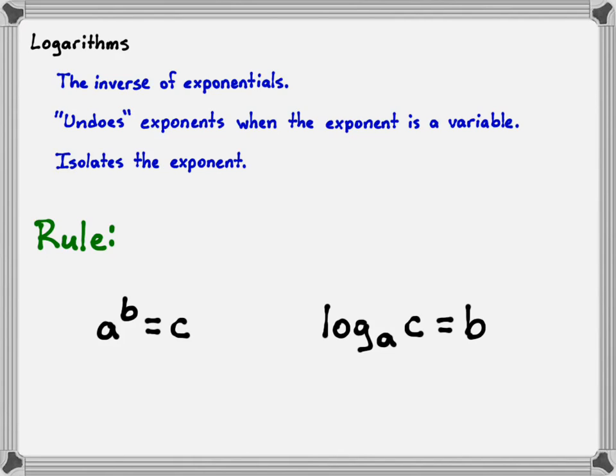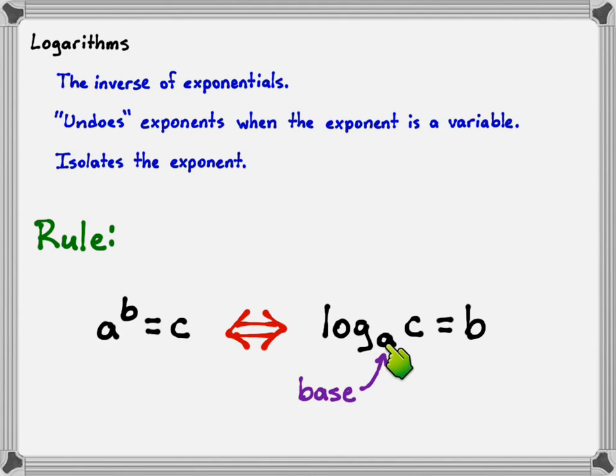Now there's a pattern here that holds true in all logarithms, and it's very important that we grasp this pattern, because when we write logs from exponentials, it's going to be the same every single time. Notice when I write a log, there is a subscript. That subscript is always the base of the exponent. The base of the exponent is the base of the log. So these two equations are equivalent in terms of the values that you get out.